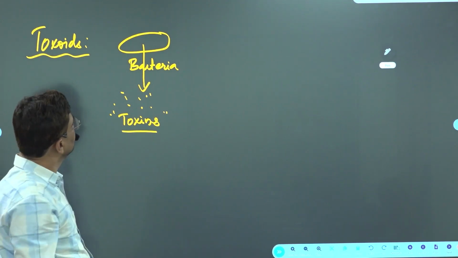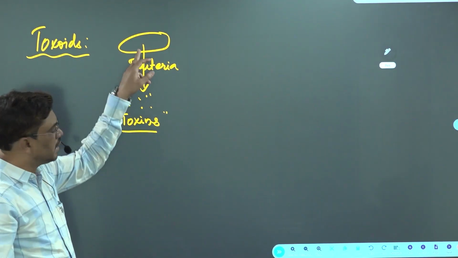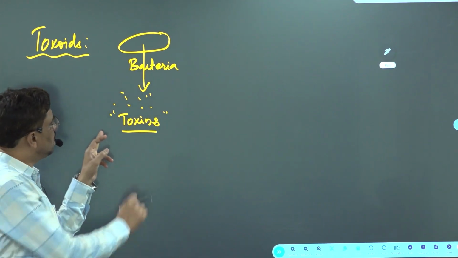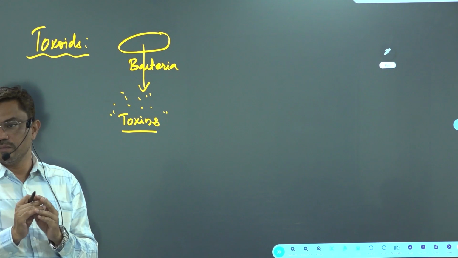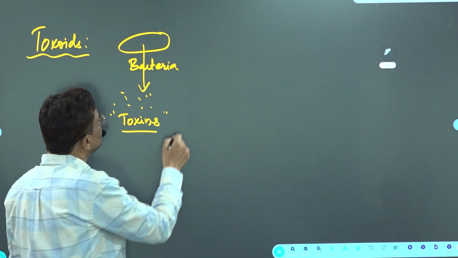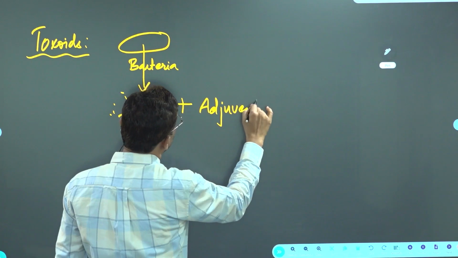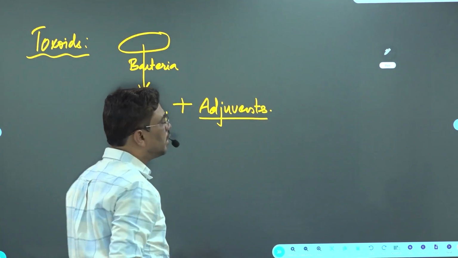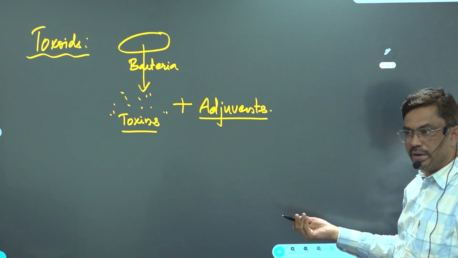The toxins released by the pathogen are extracted and purified, and added with some adjuvants. Adjuvants means some chemicals or preservatives can be added.